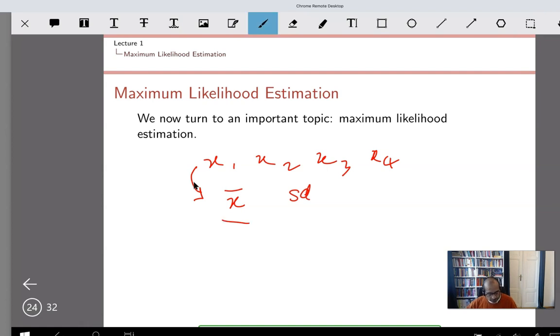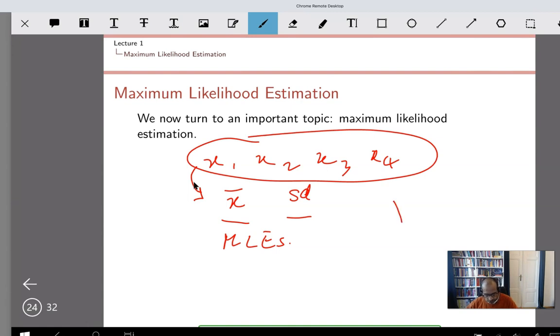So these quantities are called maximum likelihood estimates of the true underlying parameters which we don't know, right? So typically when I'm doing some data collection, I'm going to assume that the data are coming from some random variable, and so let's say I assume that the random variable is a normal continuous random variable and it has some unknown mu and sigma.